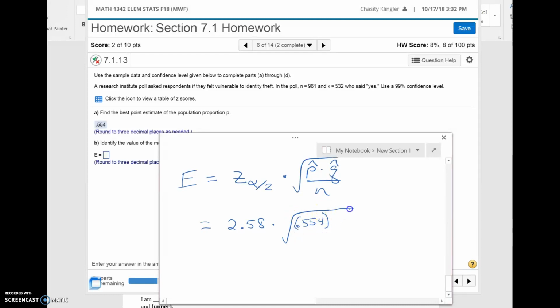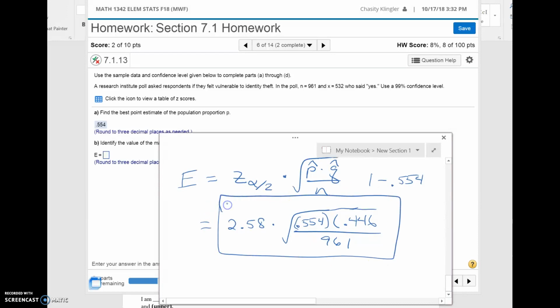Q hat, remember, is the complement of p hat, so you need to do 1 minus 0.554. That's going to be 0.446. And then you divide that by n, which is 961 in this problem. So you're going to plug that in your calculator to get your error.